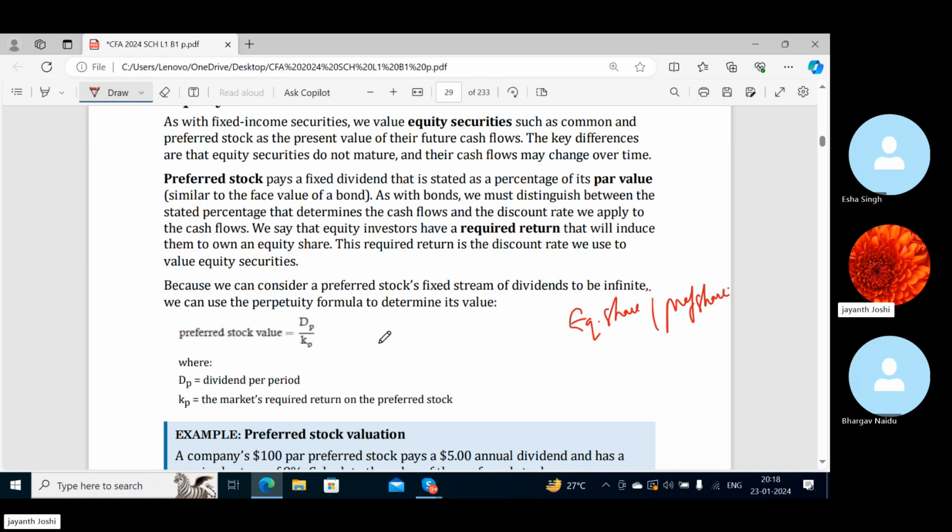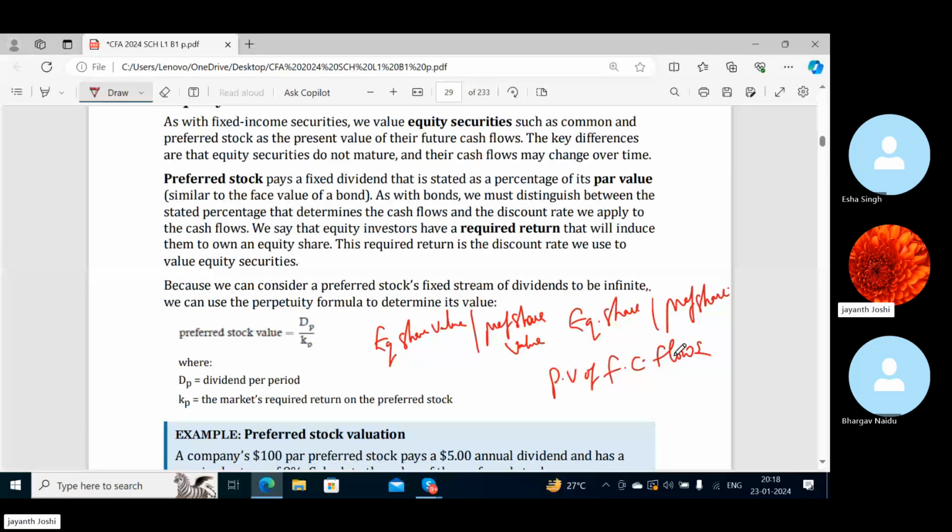As I told you, if you want to find out the equity share value or preference share value, you can find that out with the help of present value of future cash flows.